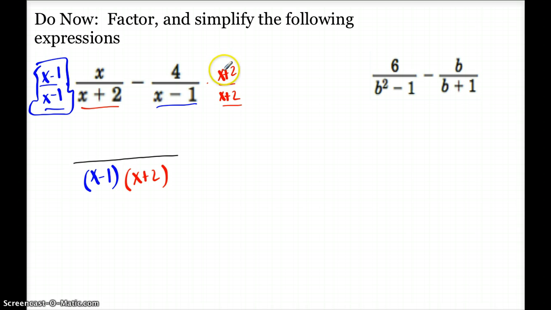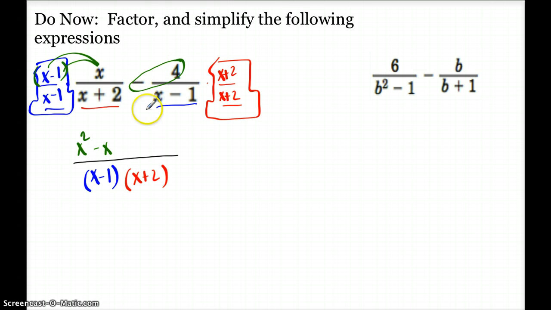And on this side, the same thing. This represents a giant 1. Okay. We're going to multiply the numerators, and because these are binomials, we have to distribute. So I have x squared minus x, and on this side, I'm going to distribute the whole negative 4, that way I don't have to deal with the negative later.